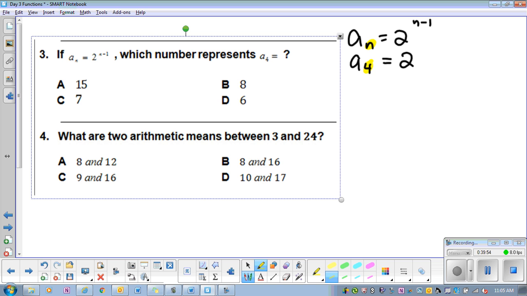Yeah, that n, so 2 to the 4 minus 1, which is really 2 to the what? What's 4 minus 1? 3. What's 2 cubed? No, not the cube root, but 2 times 2 times 2. 8. All right?